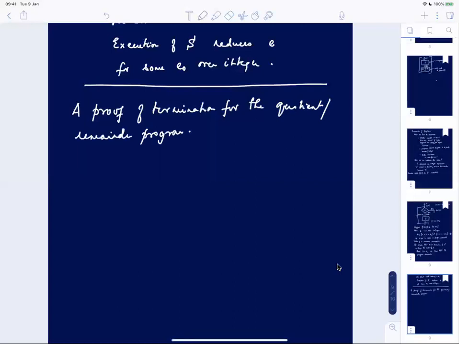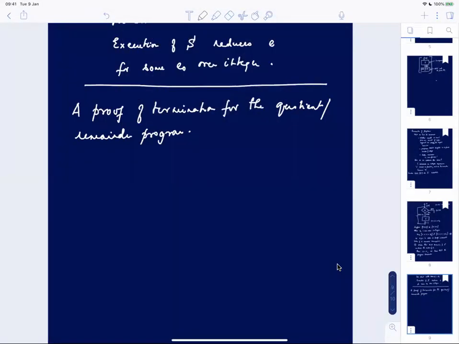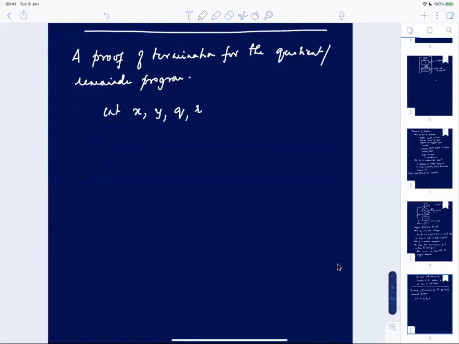Let us assume that the program is given by this: int x, y, q, r, and the precondition that we assume is that x is greater than or equal to 0 and y greater than 0, because this x is being divided by y.